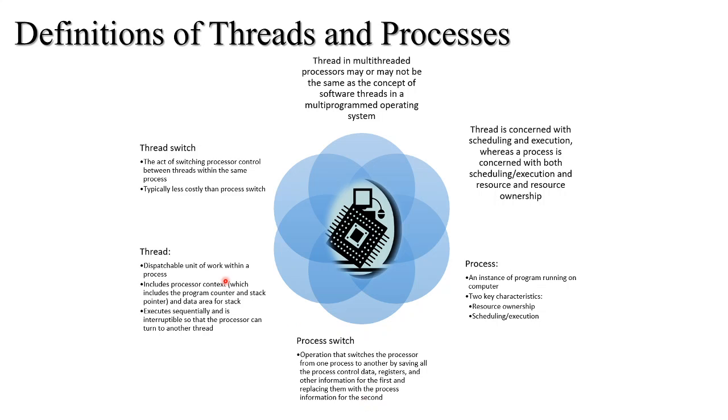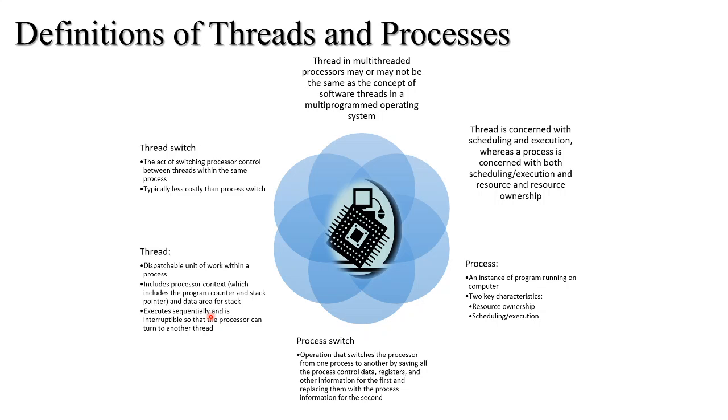A thread is a dispatchable unit of work within a process. It includes a processor context, which has the program counter and the stack pointer, and its own data area for a stack to enable subroutine branching. A thread executes sequentially and is interruptible so that the processor can turn to another thread.